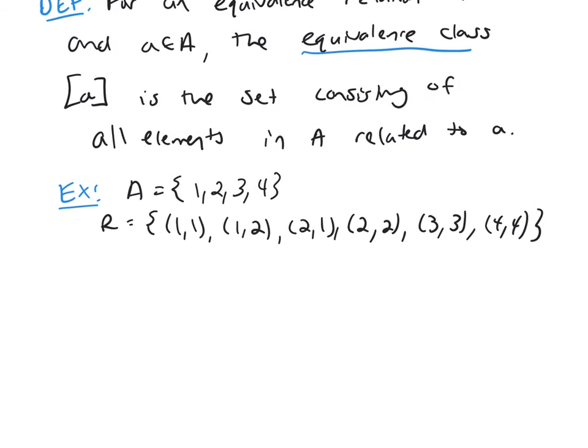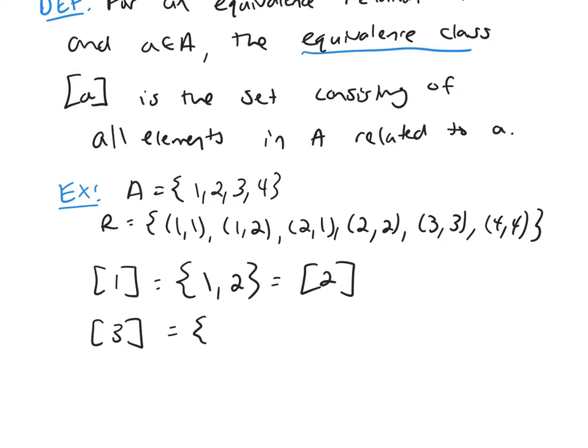If you write down the equivalence class of 1, 1 is related to itself and 2, and that's it. This is also the same as the equivalence class of 2. 2 is related to 1 and 2. The equivalence class of 3, the only element related to 3 is 3. The equivalence class of 4 is 4.